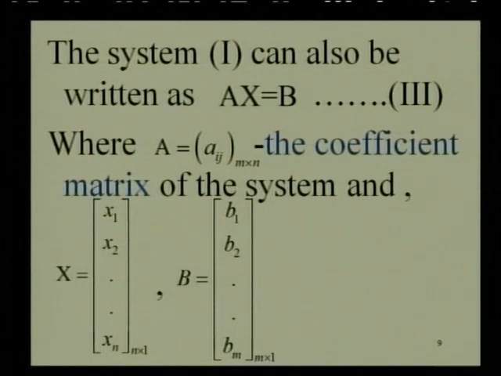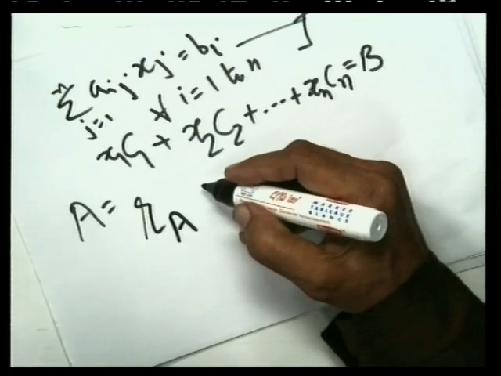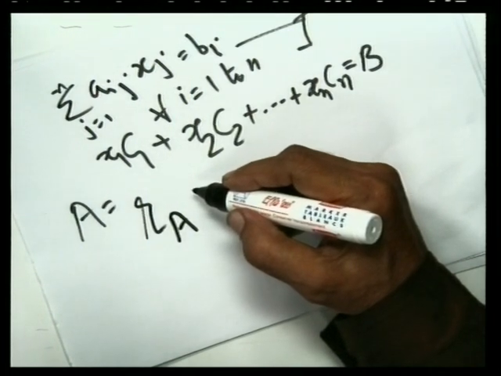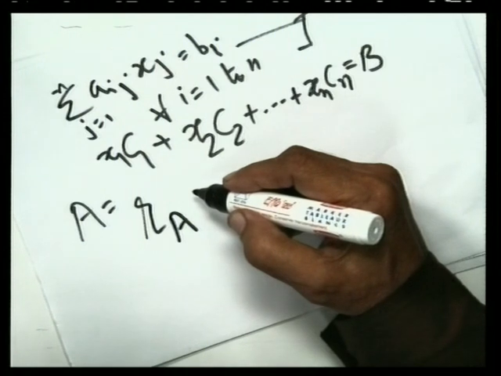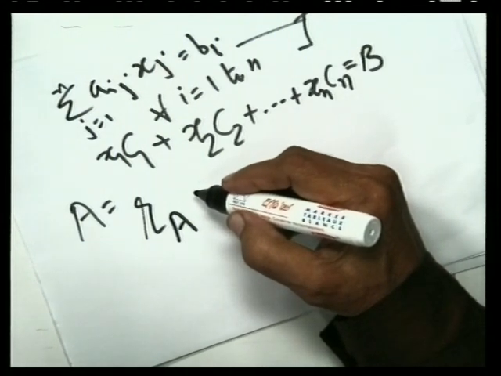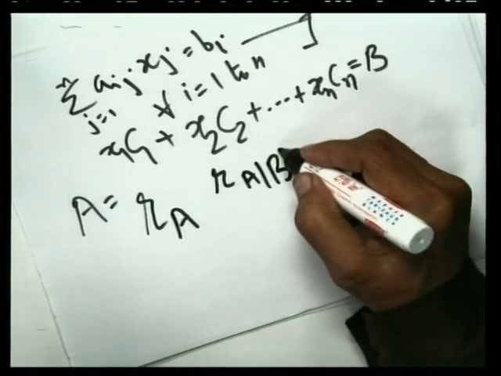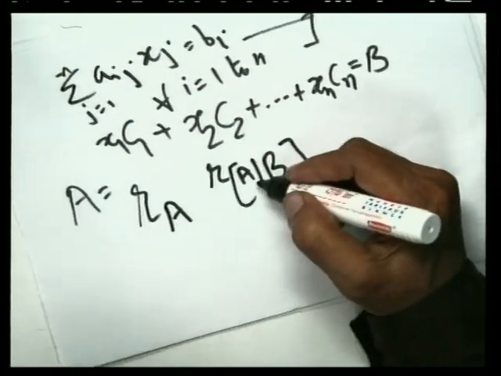That is called the augmented matrix of the given system of equations. The number of linearly independent columns is denoted by r(A), or the column rank of A, that is the maximum number of linearly independent columns in A, and that is the same as the number of linearly independent columns in AB.